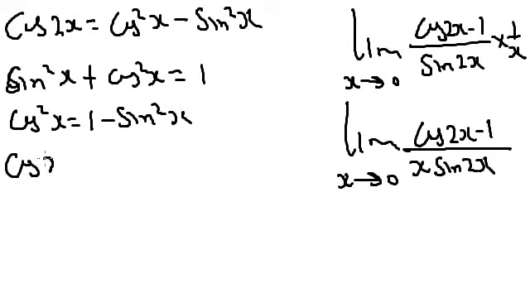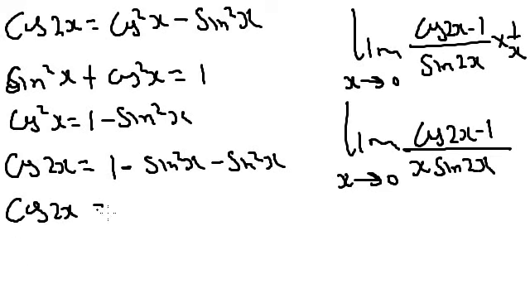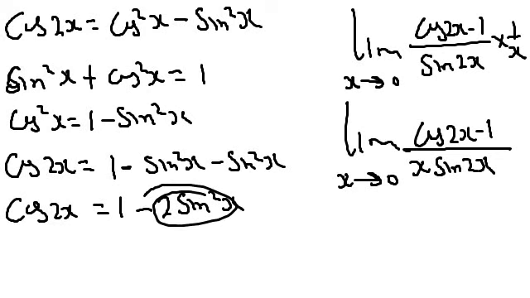Therefore, cos 2x is equal to 1 minus sin squared x minus sin squared x. Simplifying, these are like terms, so cos 2x equals 1 minus 2 sin squared x.